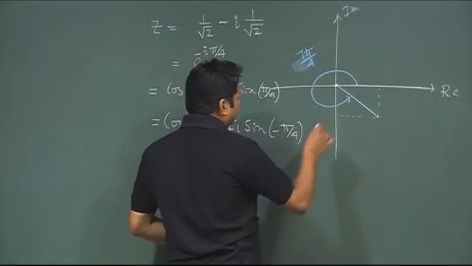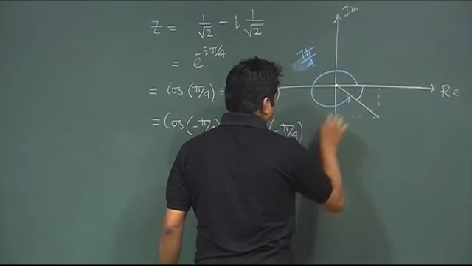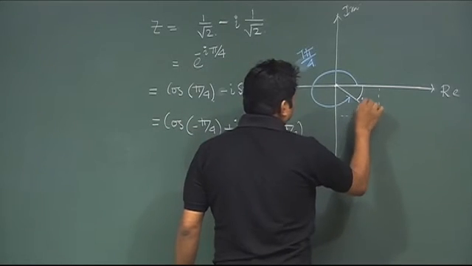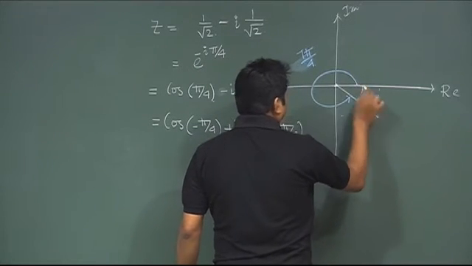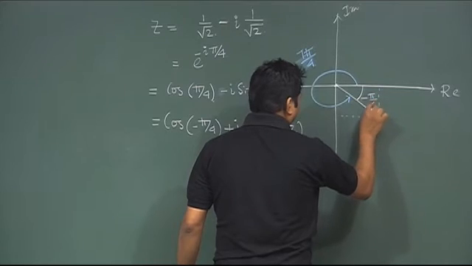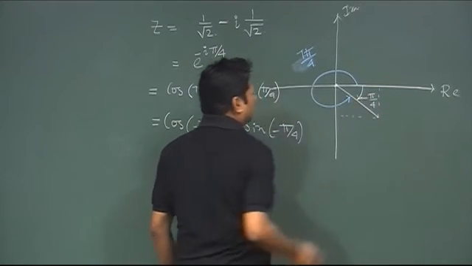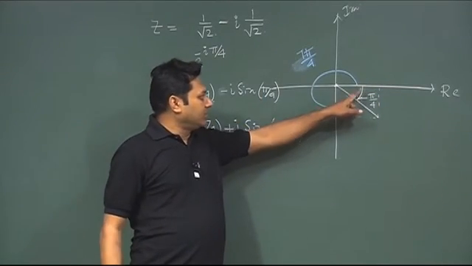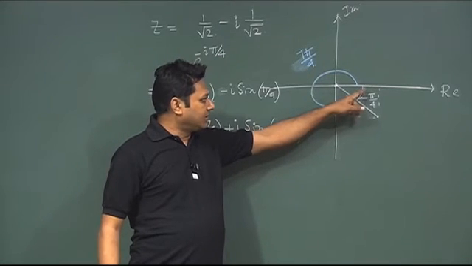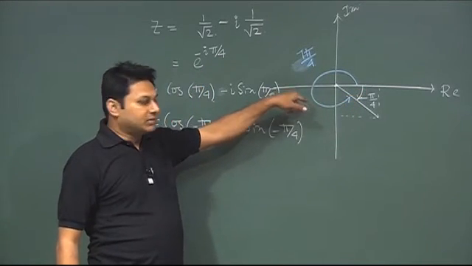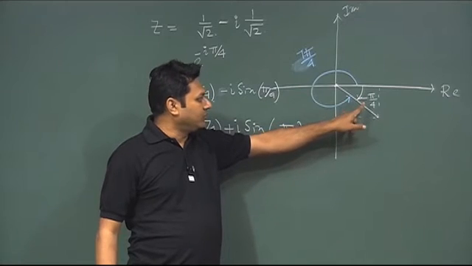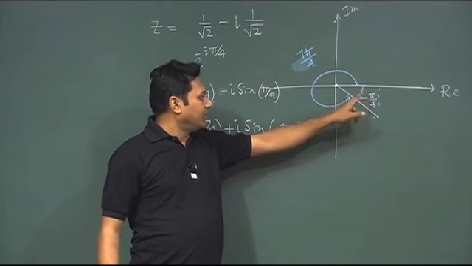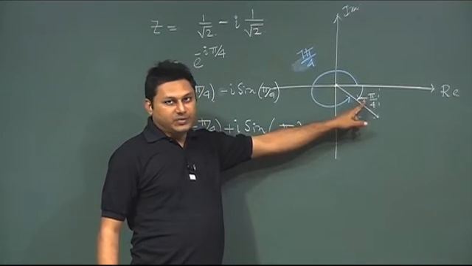And you can also have this quantity, which is minus pi by 4, because one is measured anti-clockwise and this one is measured clockwise. Clockwise is normally taken as negative. But the question is which theta is the principal value.